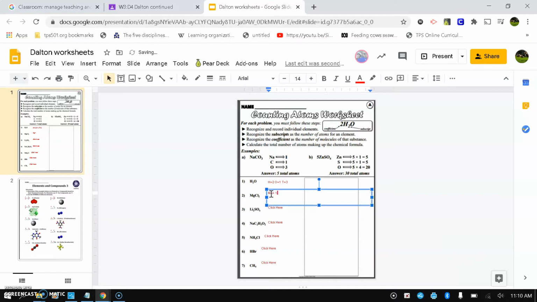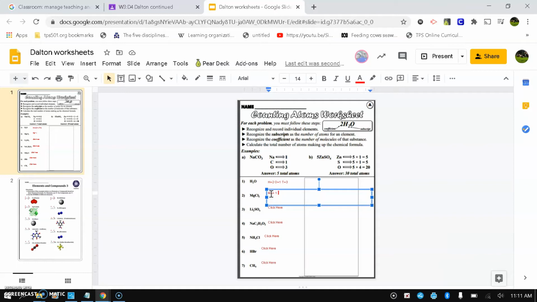And how many do we have? 1. Well, it doesn't tell us 1. Well, it's understood. I'm not going to list all 118 elements there if I don't have to. So if we don't have one, and remember, chemists are really lazy, if we don't need to put the 1, we don't have to.